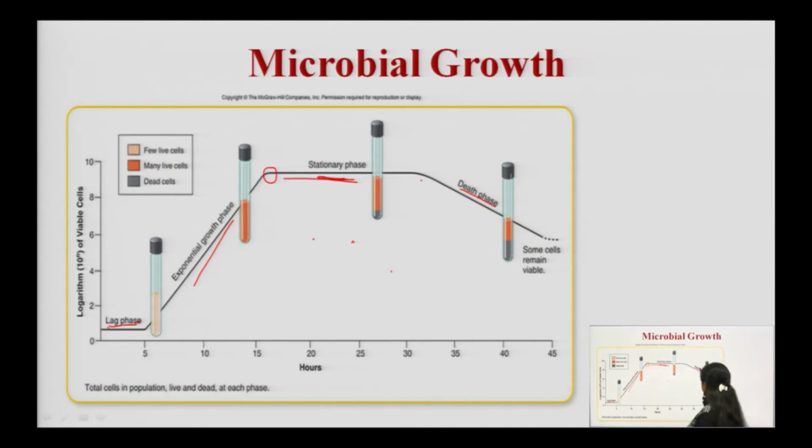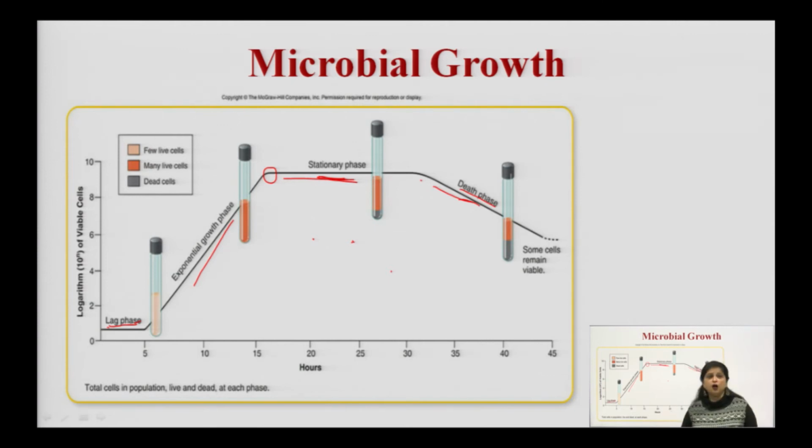And next comes the death phase or decline phase, when the number of microorganisms or bacteria will go on decreasing in number. Now the nutrients are depleted, and they don't get any nutrients to grow. So the number of bacteria are going on depleting. The number of bacteria will reduce, and we will have the decline phase.